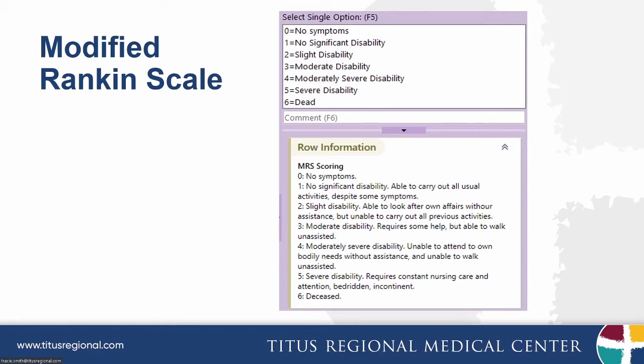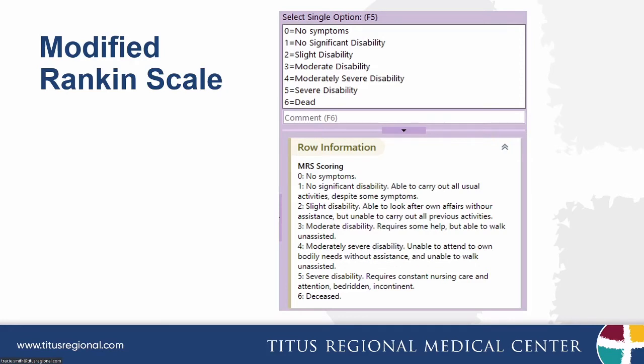The modified Rankin scale is graded from 0 to 6. And just to give you a history, it was created by Dr. John Rankin in 1957 at Glasgow Hospital in Scotland, and it was modified into the Rankin scale in 1980.